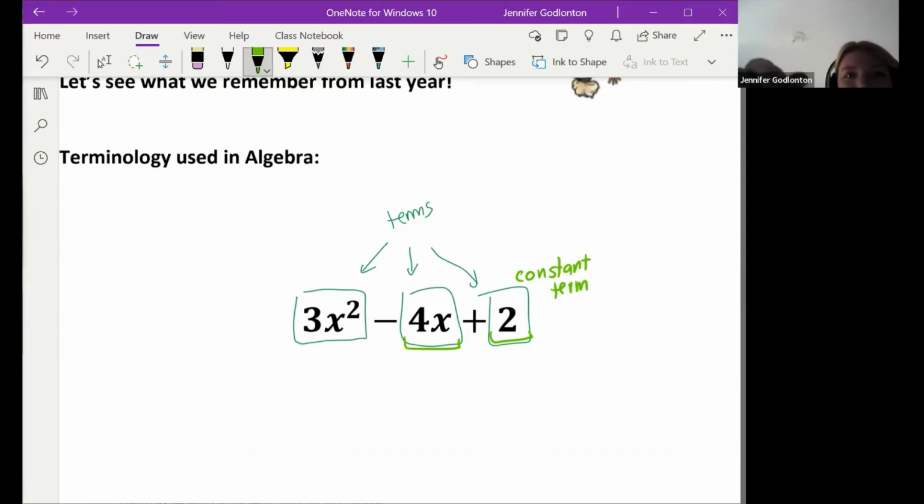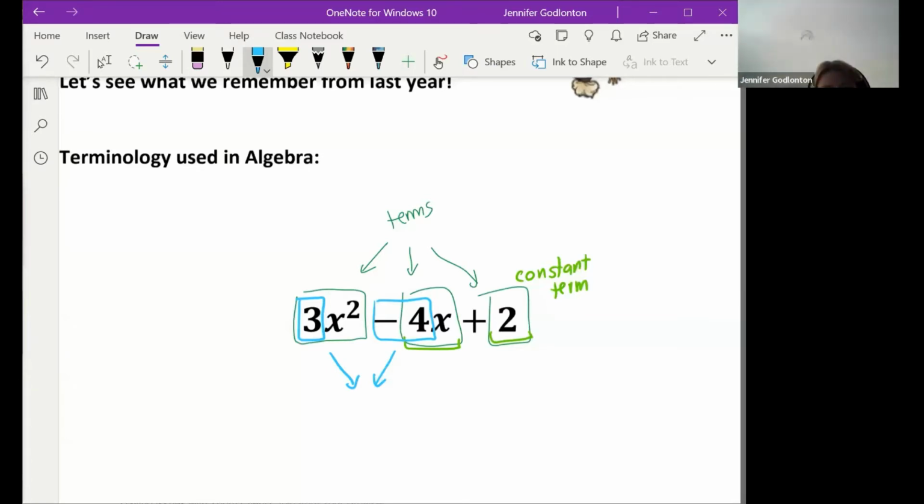Okay, and we've seen that we've got 3 terms happening in this situation. And now I want to know what just that 3 is and what just this -4 is. They also have a special name. What is the name when we have a number that's in front of a letter?